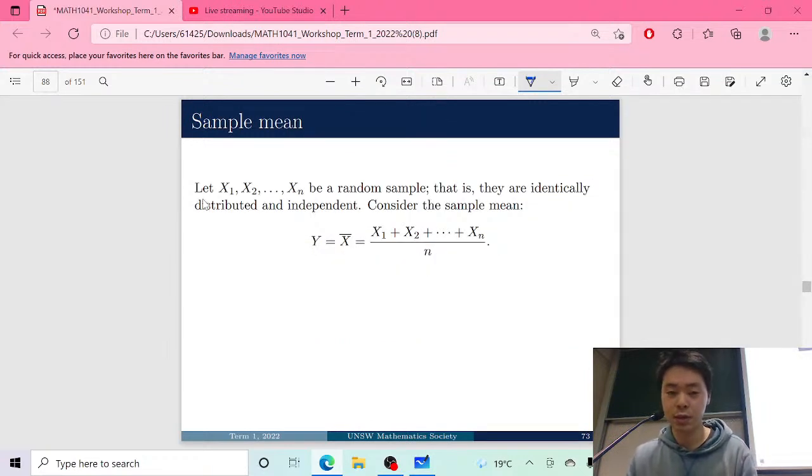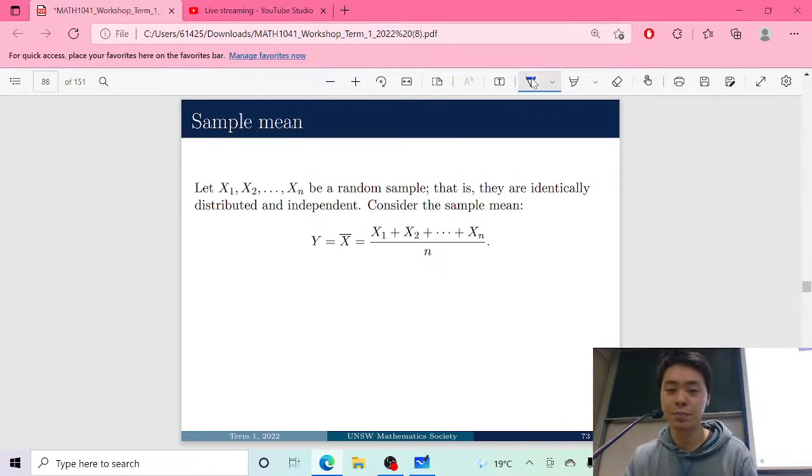So let's have a look at the sample mean. The sample mean is probably the most simple random sample statistic that we can consider. What it basically is, you sum up all of the random variables and you divide by the number of samples that you have.